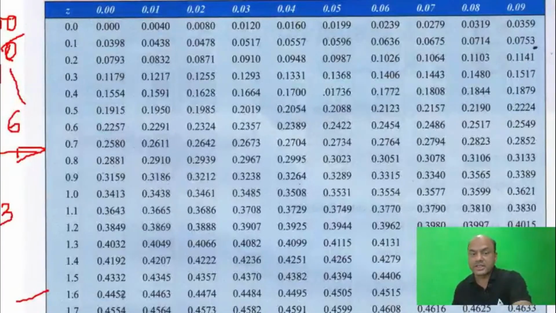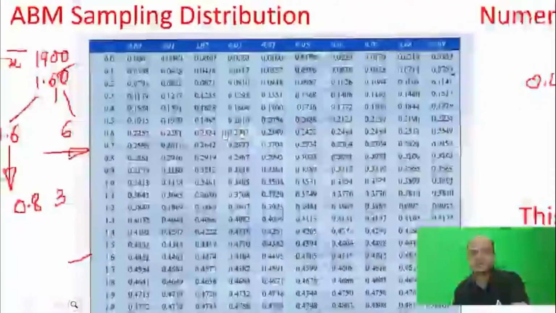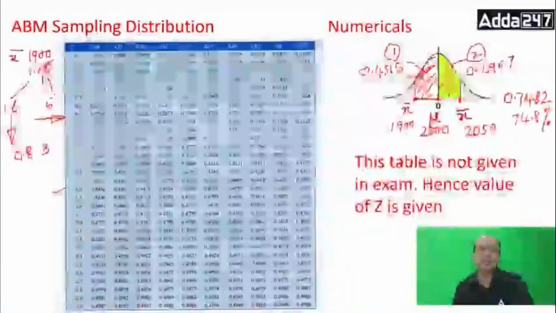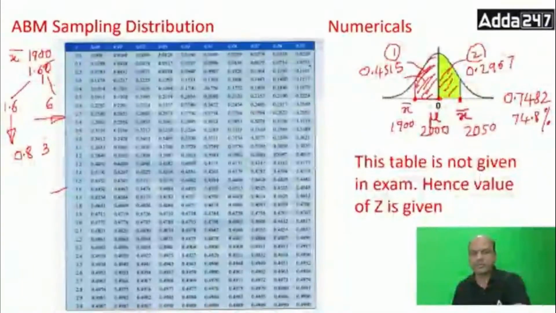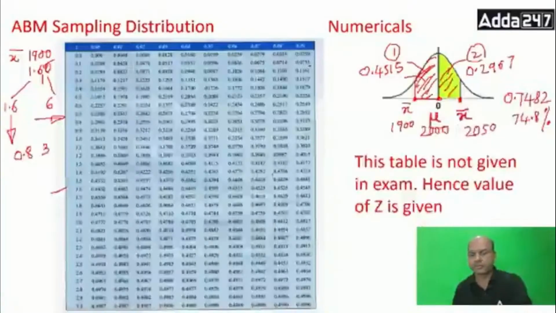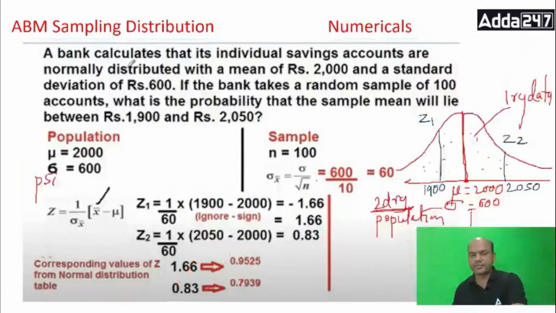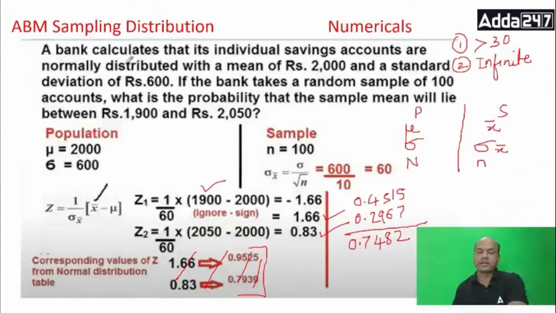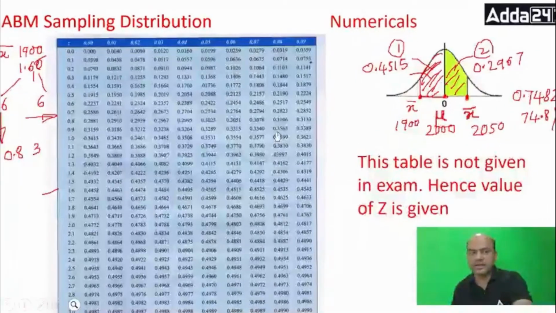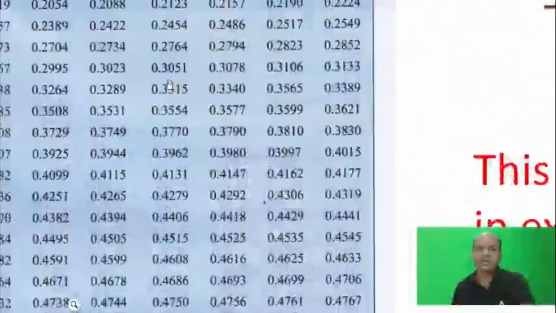Okay. Now second one. Which is the second one asked? 0.83, I think so. Isn't it? See, the second one was 0.83. Correct? So now 0.83. What is it for 0.83? Now you give me the answer for 0.83.